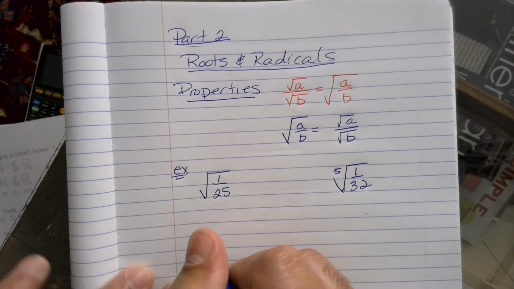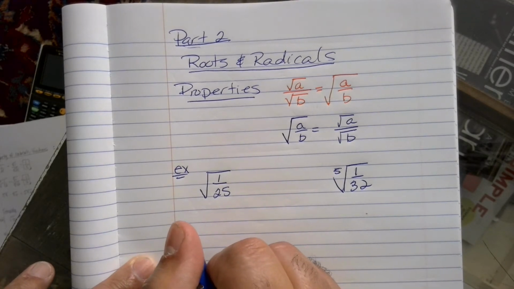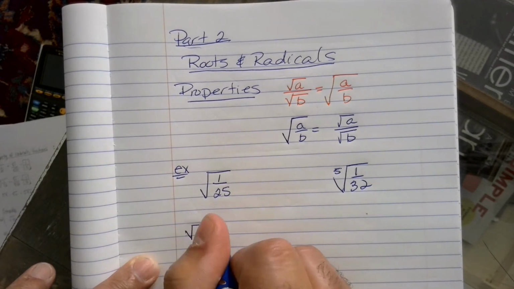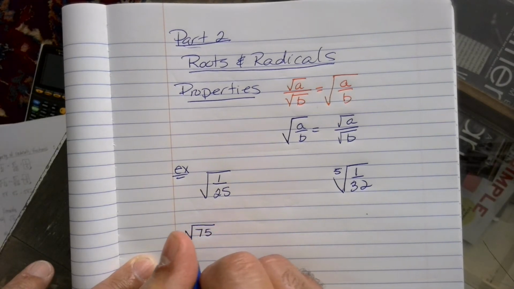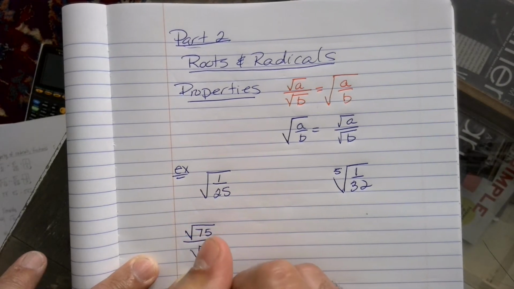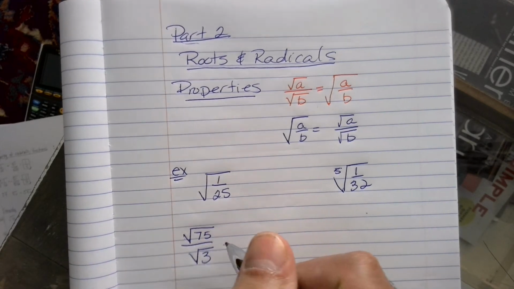or if I had the square root of 75 over the square root of 3.